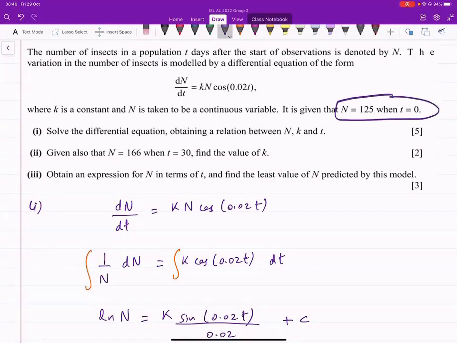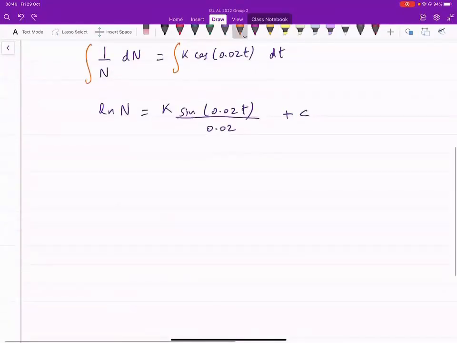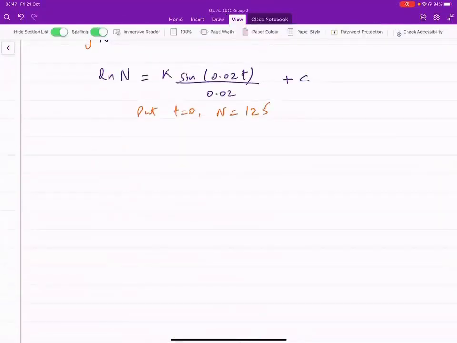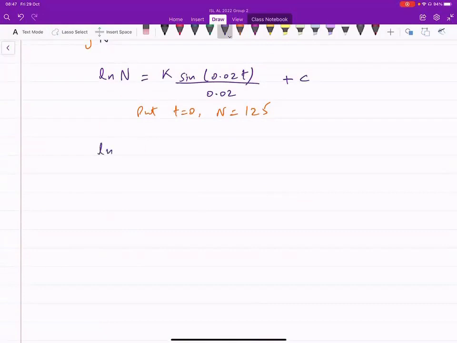You're given a point: when n is 125, time is equal to 0. You input that there. What we get from that is ln of 125 equals k sine of 0 divided by 0.02, plus C, and C turns out to be ln of 125. Sine 0 becomes 0, so the whole term becomes 0.